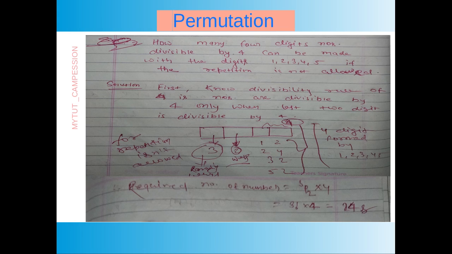A number is divisible by 4 only when its last 2 digits are divisible by 4. We have 5 digits 1, 2, 3, 4, 5, so n equals 5. Which 2 digits can make the last two places?